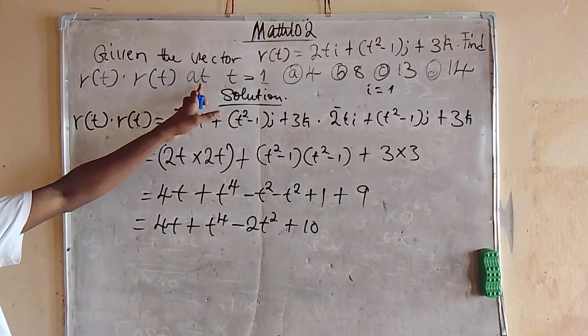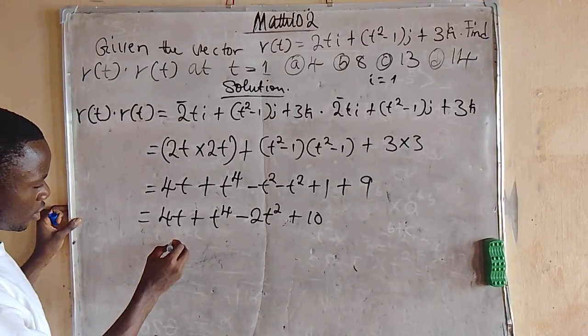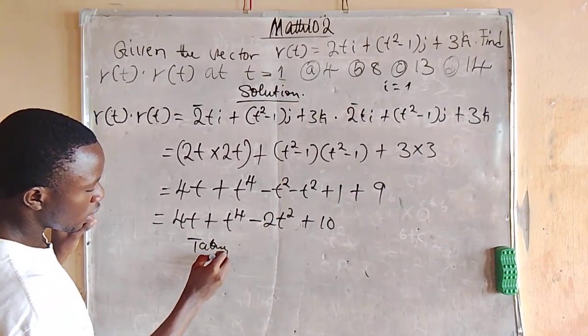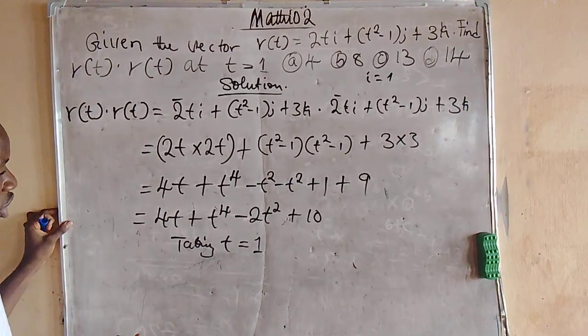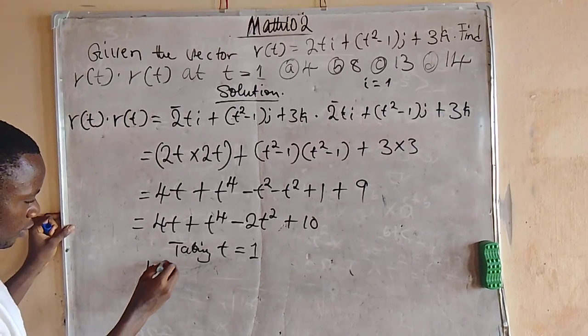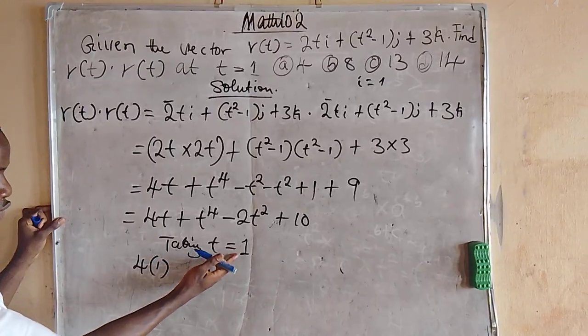Remember from the question they say t is equal to 1. Now we can substitute the value of t. Solving it into this very expression, we are going to have 4 multiplied by 1, anywhere we see t, we put 1.